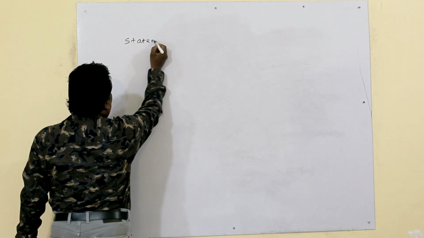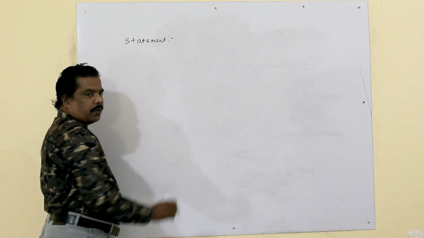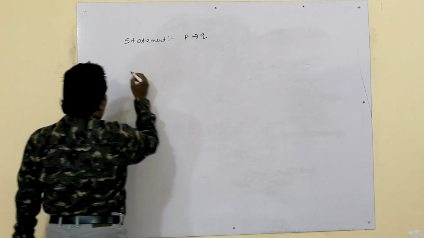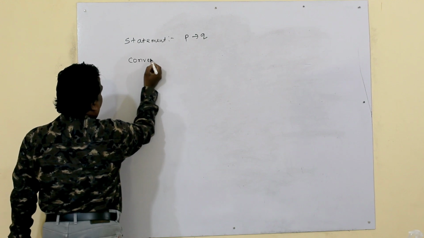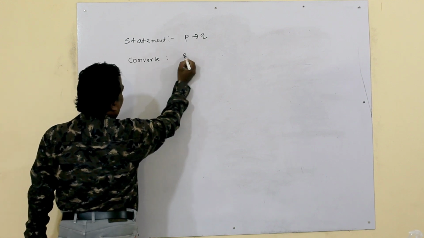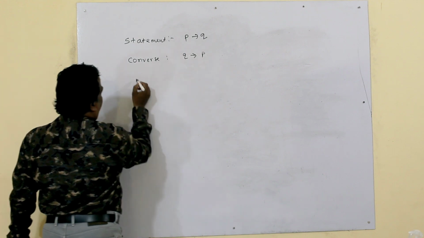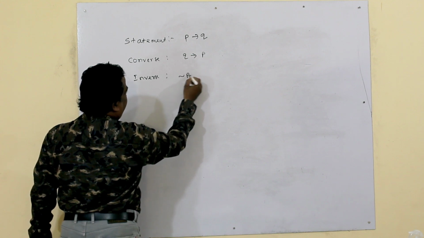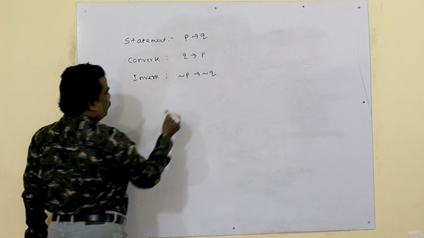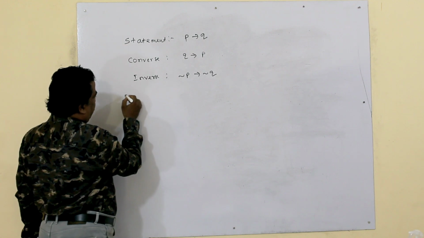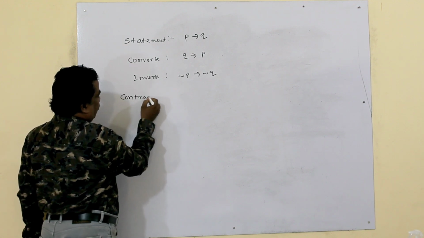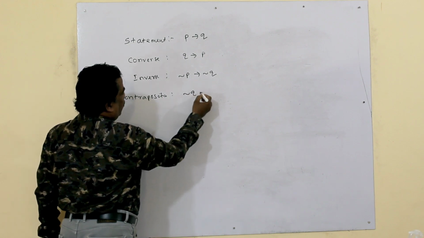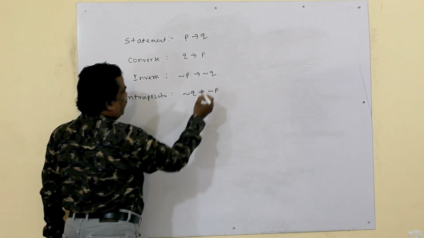If a statement is in conditional form, that is P implies Q, then its converse is Q implies P, and inverse is negation P implies negation Q, and contrapositive is negation Q implies negation P.